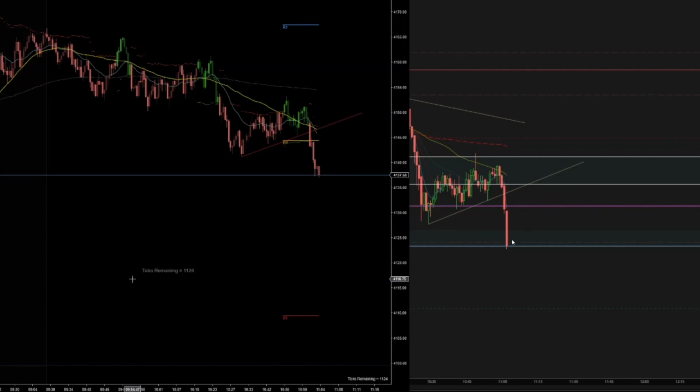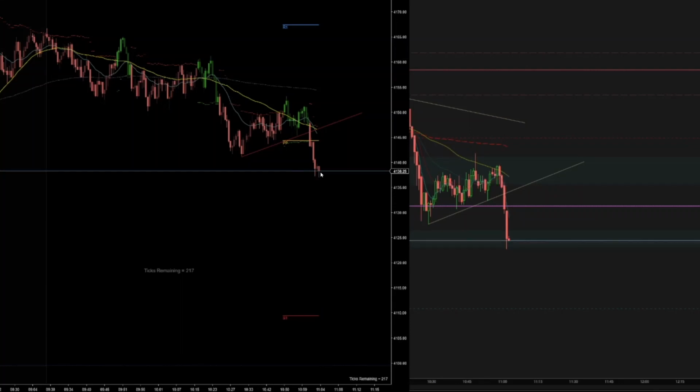So if you see a pullback to this level and this level holds, and then it comes back to it and breaks this level here, then we can try to re-enter it till the next level. It is important to take your profits if the price reaches support or resistance areas. The price can bounce from those areas.